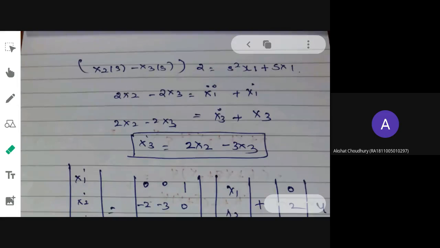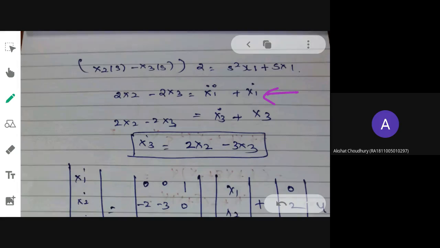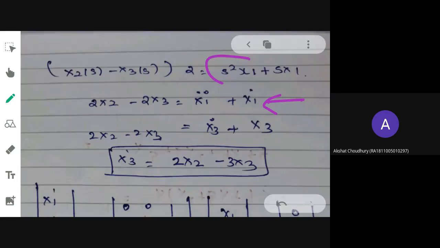So you got this equation. There is an s squared x1 and s x1. s x1 you can rewrite as x1 dot, and s squared x1 is a double differentiation, so you will be writing that as x1 double dot. Finished?